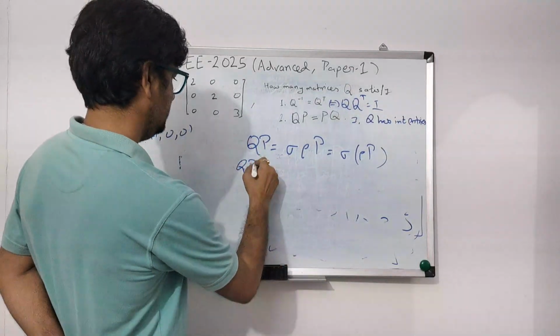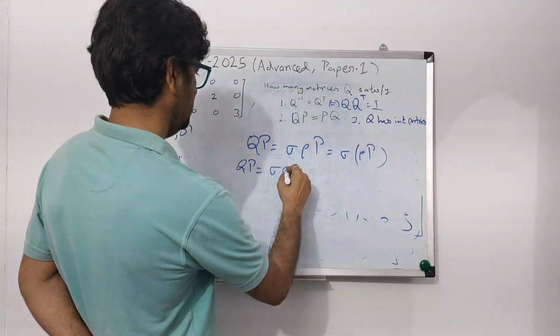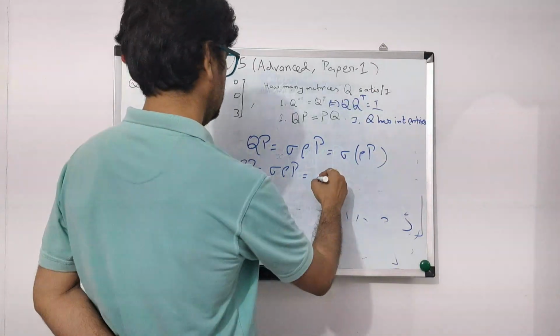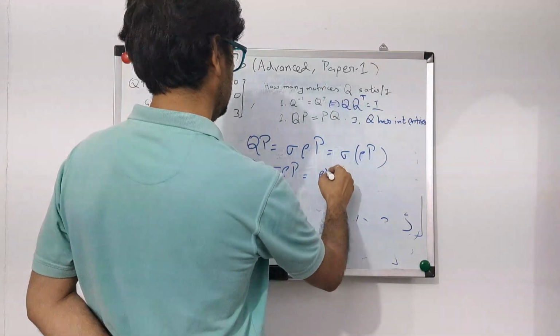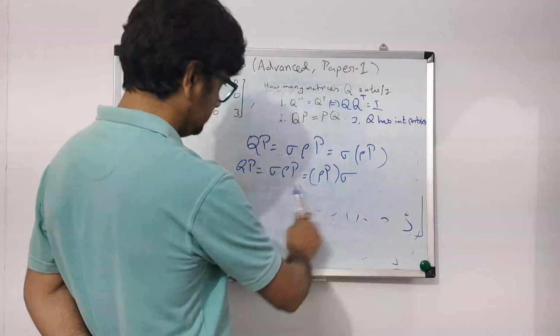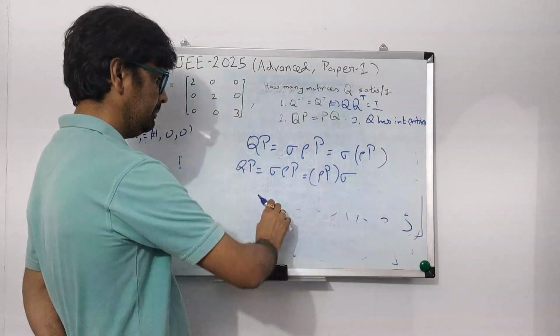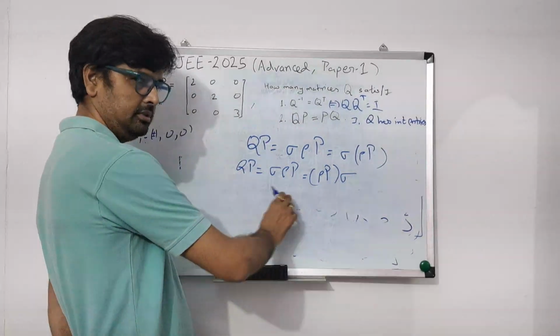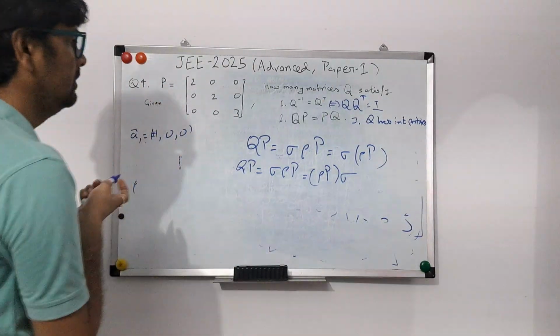Here QP equals sigma rho P equals rho P sigma. Sigma is a sign matrix, and we can change the order of multiplication here. Its order does not matter.